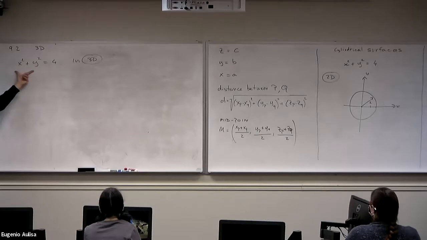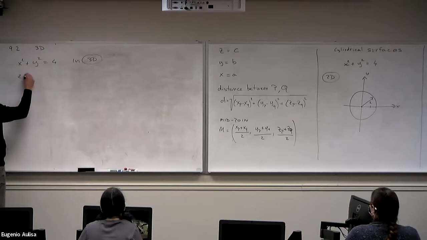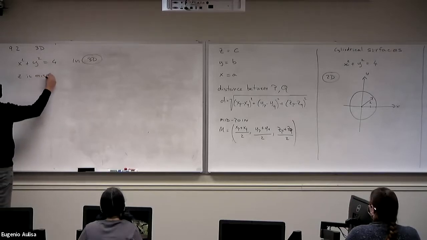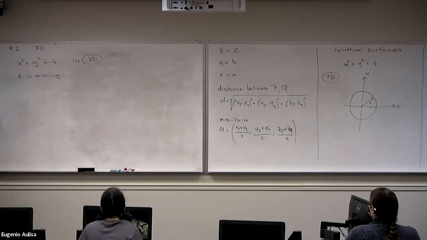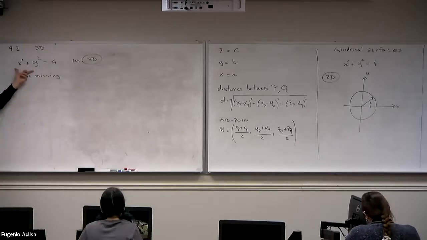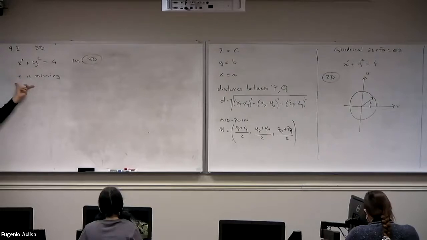Agree? Notice that z is missing. So you can find all the x, y that satisfy this equation and then put any z, because z is not in the constraint equation. Make sense?